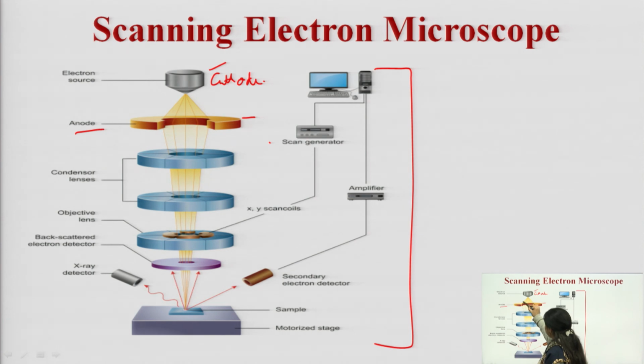That field projects our electron beam towards the condenser lenses, from where it is focused towards the objective lens, and after that we have placed the specimen.